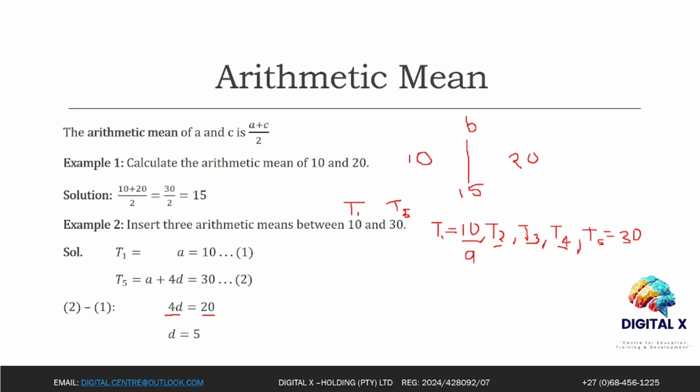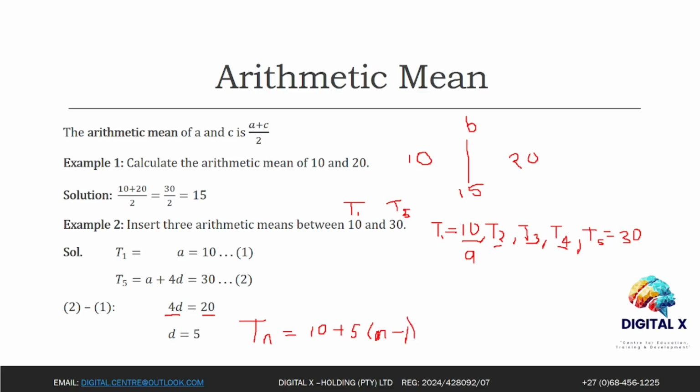And the general term in this case will be 10 plus 5 into (n minus 1), close bracket.